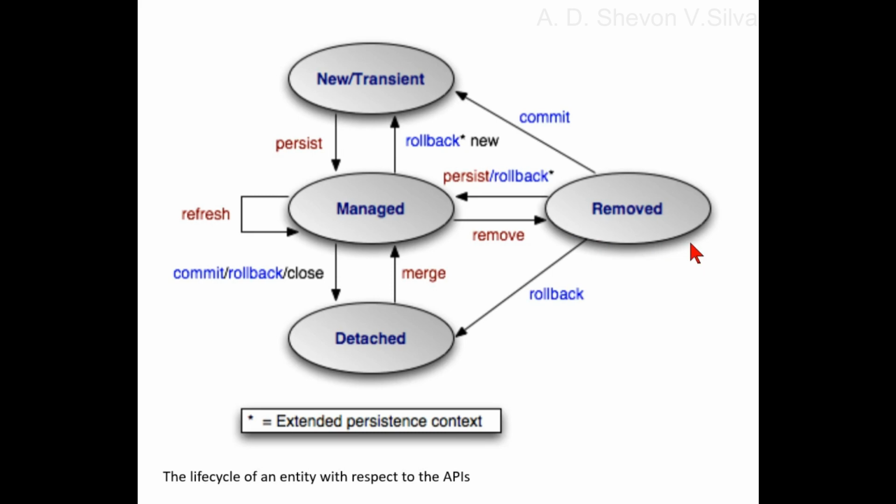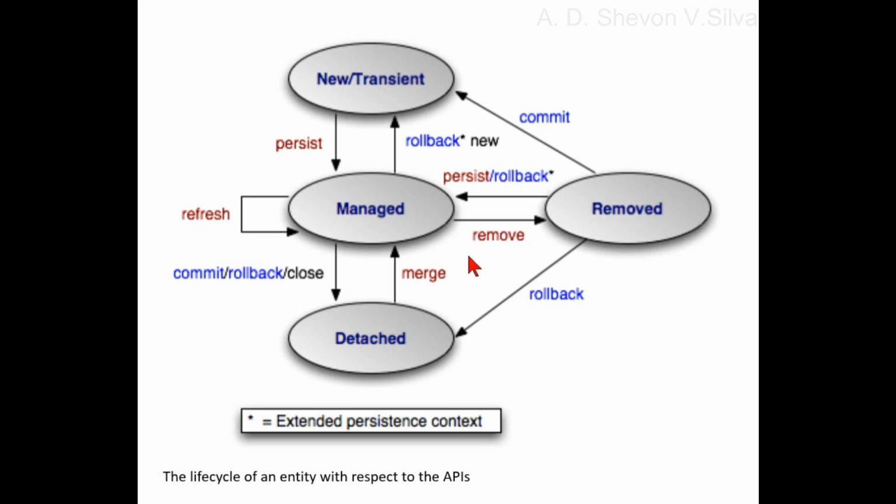If X is a new entity, it is ignored by the remove operation. However, the remove operation is cascaded to entities referenced by X if the relationships from X to these other entities are annotated with the cascade equals remove or cascade equals all annotation element value.